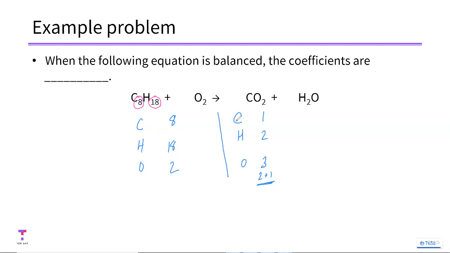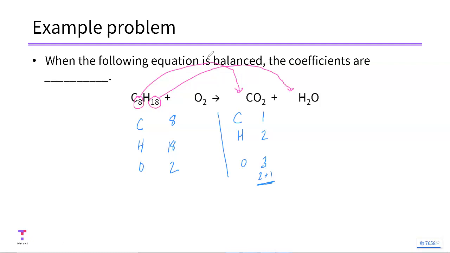And what I mean by that is this carbon is found only here. This hydrogen is found only here. So using those subscripts, I can write out the coefficients for carbon dioxide and water and be pretty certain that they're going to lead me in the right direction.